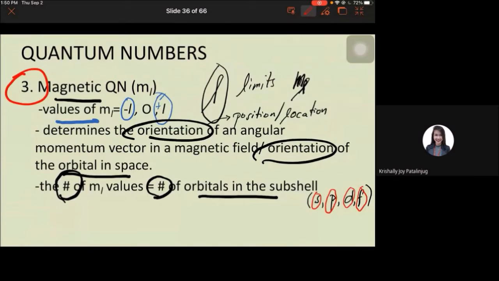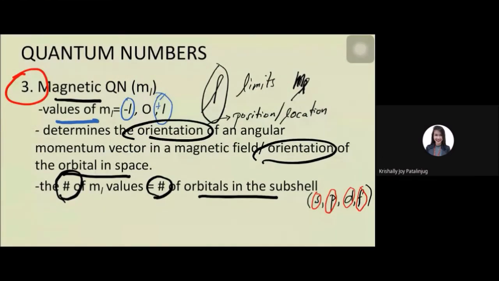So halimbawa, from the set of L, you wanted to find out the possible M sub L ng one angular momentum quantum number. So yung L is 1. Kunin natin yung M sub L niya.